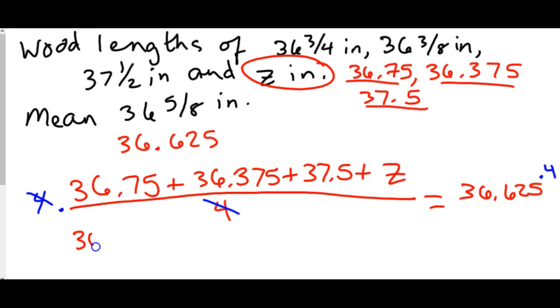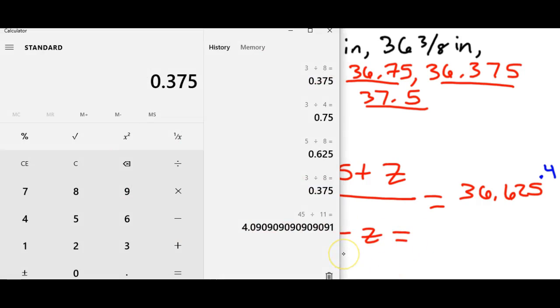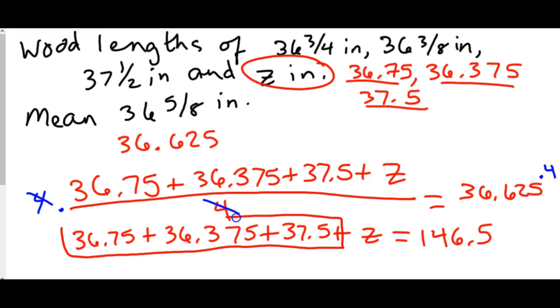So we have 36.75 plus 36.375 plus 37.5 plus Z equals 36.625 times 4, which is 146.5.